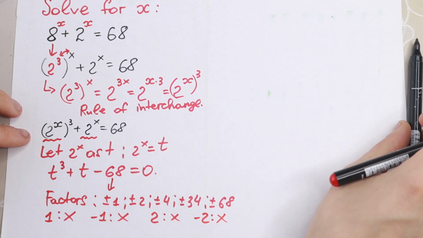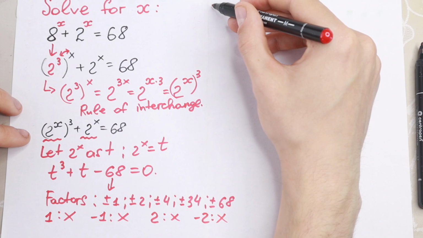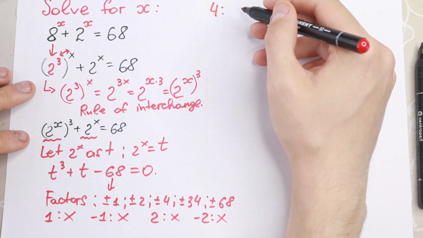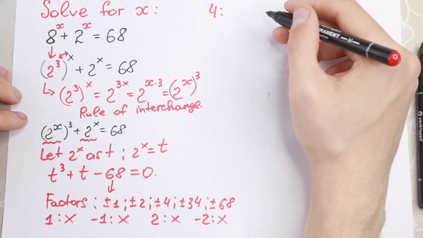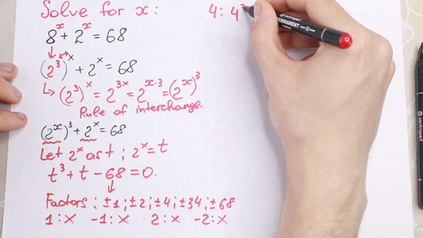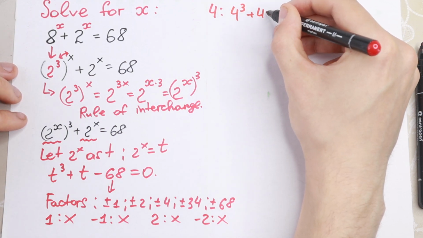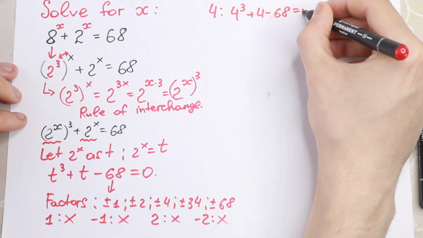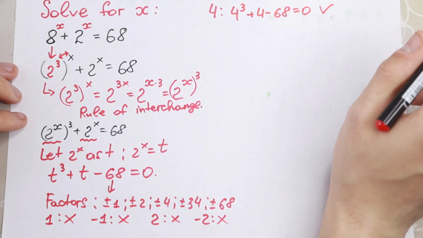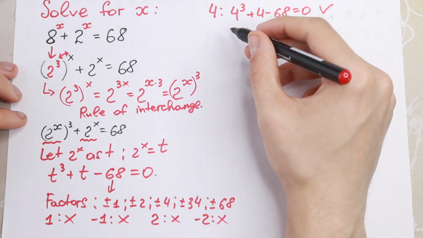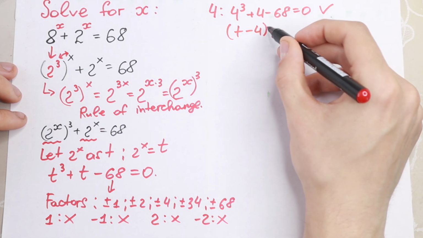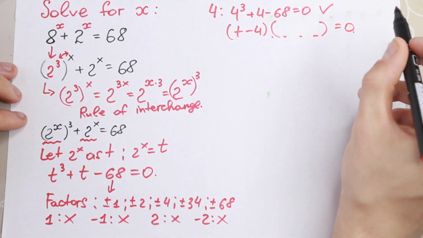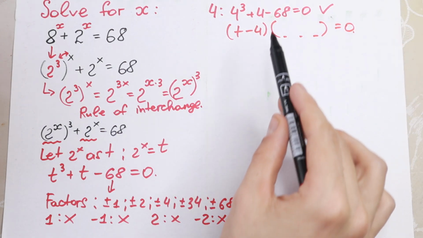And as you can see right now, 4 is really good, because we will have 4 cubed, 64 plus 4 minus 68. This is equal to 0. So 4 is good for us. So we need to factor out t minus 4. I hope you understand this step, and right here we'll have parentheses equal to 0, and we need to find this t minus 4.